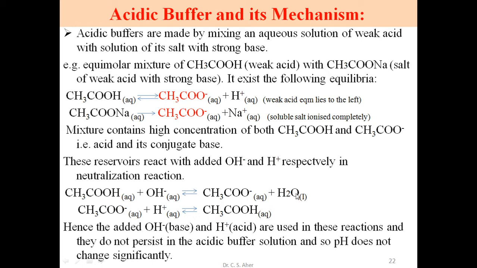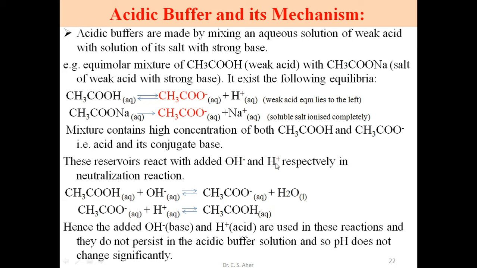The solution is aqueous, so the water is there. This solution already contains a large amount of acetate, and thus the effect of the added OH minus is neutralized by forming acetate ion in aqueous solution.